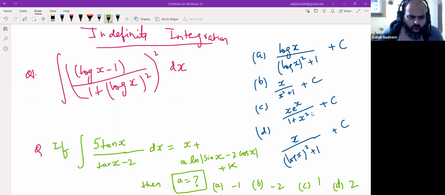Generally, taking log and solving this sometimes is a bit difficult. So first you can suppose that log x is equal to t and do all the substitutions according to that.